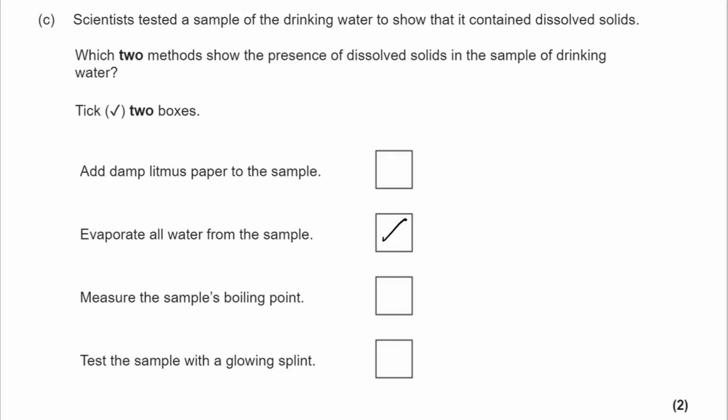And whenever you've done evaporation of salts before, that's precisely what you've seen. But you could also measure the sample's boiling point, because if we take water as an example, the boiling point of water is 100 degrees C, but that's only true for pure water. If there are impurities, and that's what dissolved solids would be, it would change it ever so slightly.